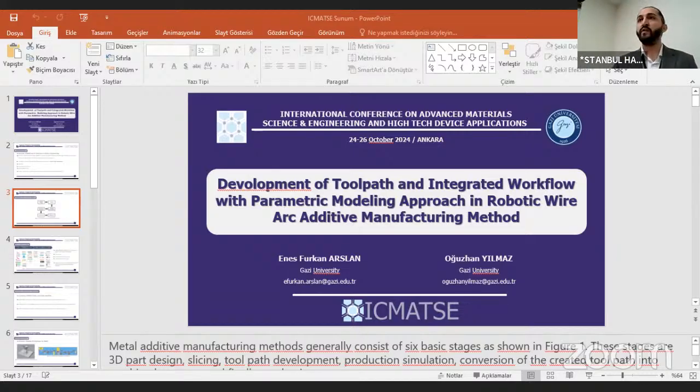As seen in figure 10, the simulation results clearly demonstrate the progress of the deposition process at different stages. And you can see the simulation of the deposition in this video.